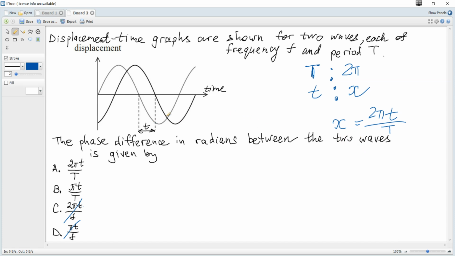Or it's just what fraction our shift, which is t, is out of one complete oscillation, and since it's time, one complete oscillation is just the time period, and hence the same fraction of 2 pi or 360. So the correct answer is A. And that's all for this question.